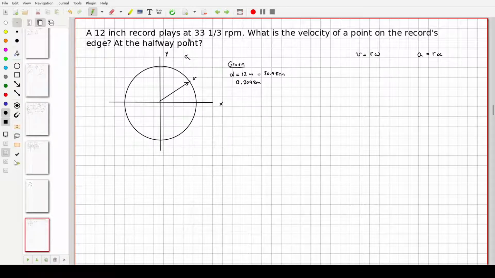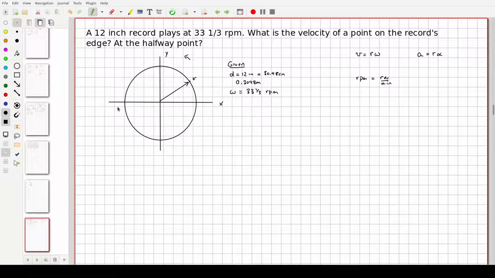We're also given the angular velocity. Omega here is 33 1/3 RPM. Now let's talk about what RPM means. RPM means revolutions per minute.